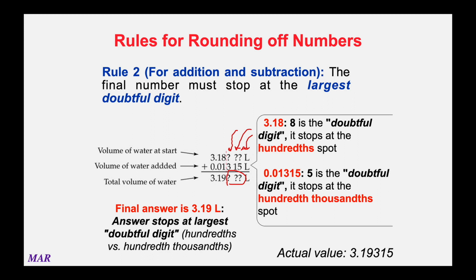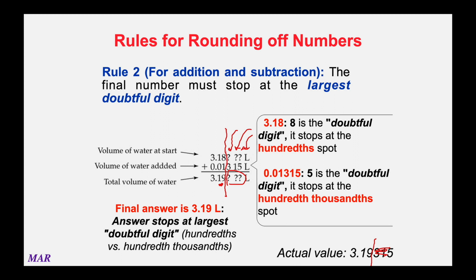So what chemists do is they cut it off at the largest doubtful digit. 3.18 stops at the 8, and that's where this number stops as well. So 3.18 plus that 0.01 blah, blah, blah becomes 3.19 liters. We're cutting it off at the larger doubtful digit. 3.19, we're cutting off the 315, and we're making this just 3.19.